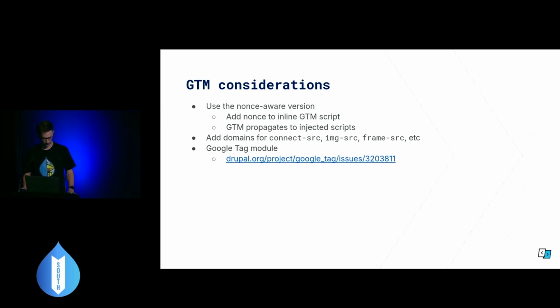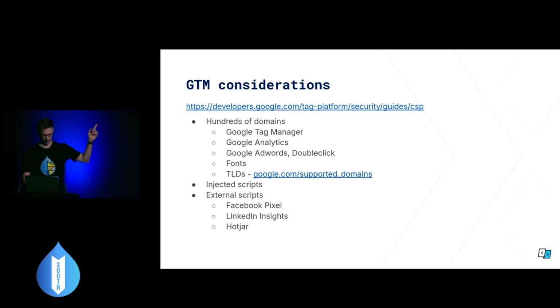Then GTM's dynamic script loader will propagate that same nonce into all of these other scripts that are loading, including the inline scripts. You do still need to add domains to your policy for connect source, image source, frame source, and basically anything that's not a script or a style. But the link up here gives you a lot of examples depending on which services you're using.